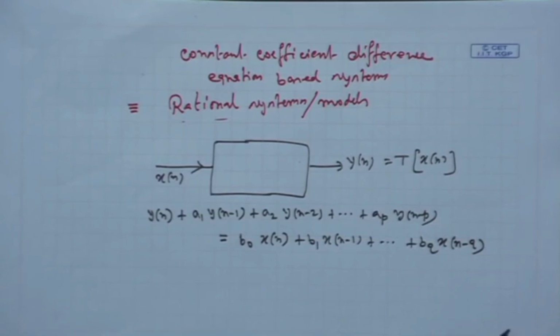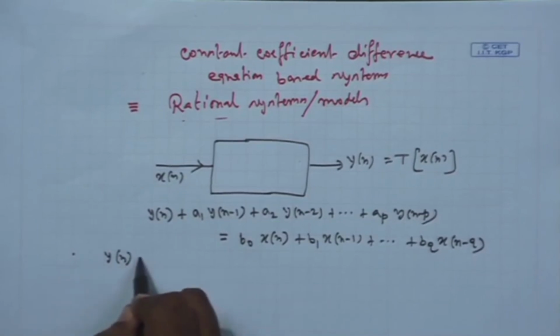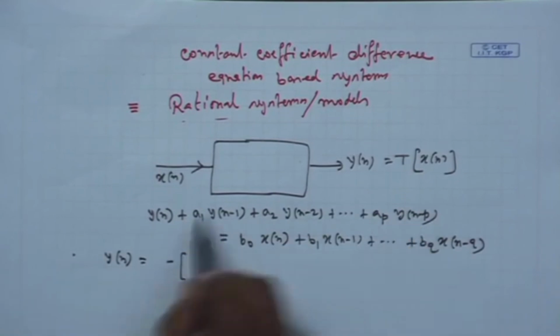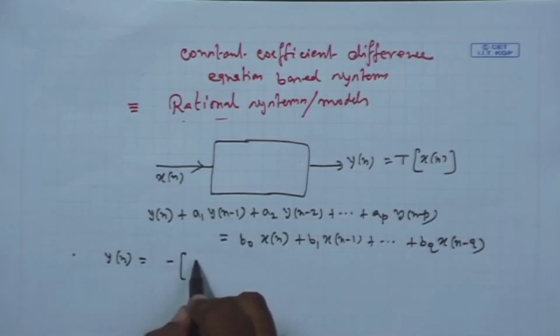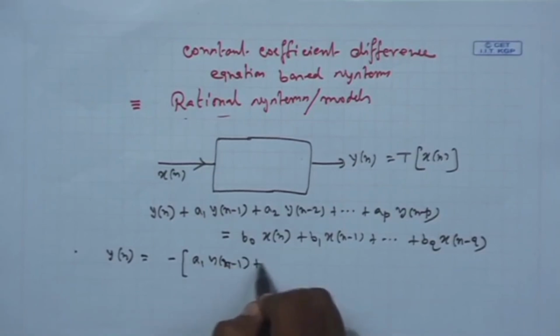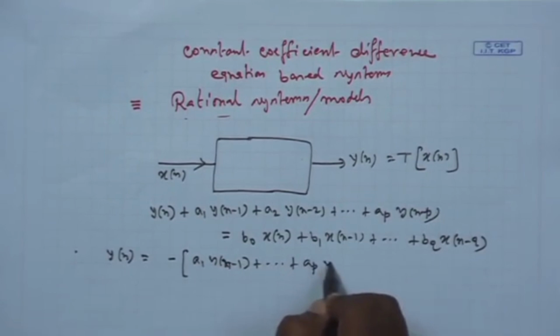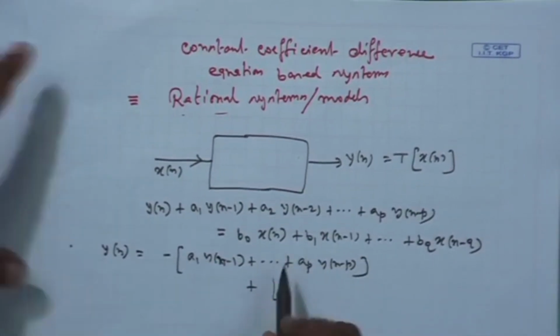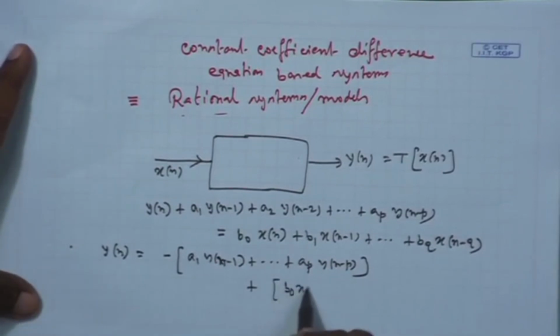Given this, you can work it out this way: keep y[n] on the left hand side, and the terms from y[n-1] to y[n-p] you can keep on the right hand side, minus a1 y[n-1] and so on up to minus a_p y[n-p], and then again the x terms, b0 x[n] and so on.